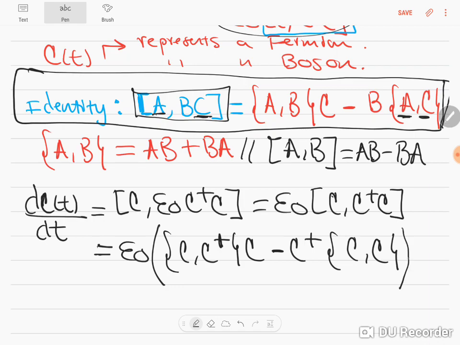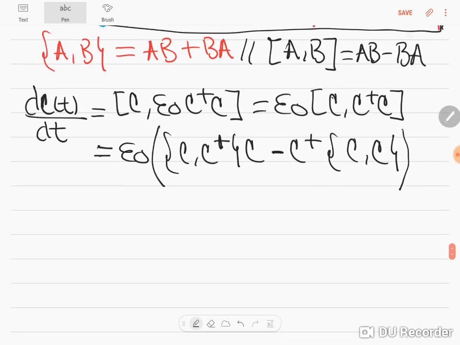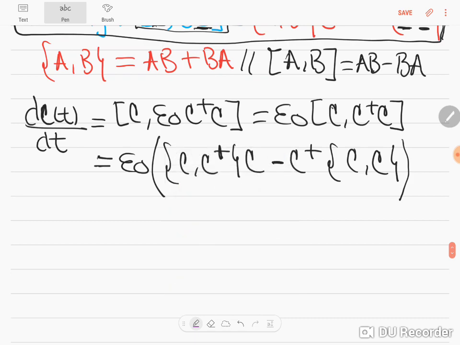We close the parentheses here, and then we have to use more rules from fermions. When you have anti-commutators, there is a rule that says that the only possibility by which you don't have a vanishing value of an anti-commutator is this one here. So this is equal to 1.